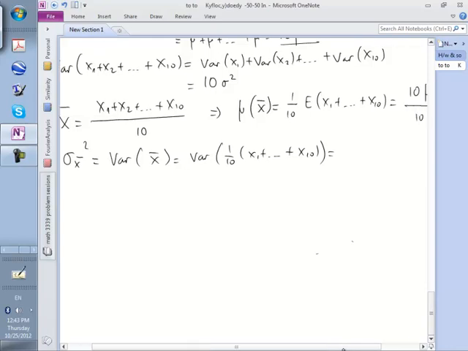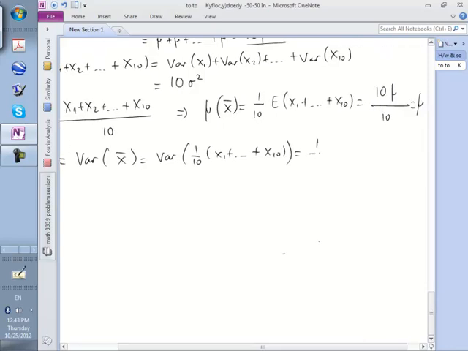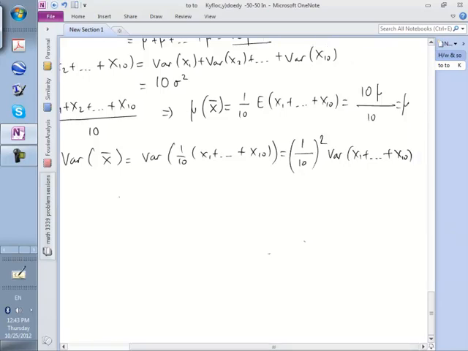So this is equal to 1/10 squared times the variance of the sum. We calculated the variance of the sum. So what is this equal to now? It was 10 times sigma squared, okay?